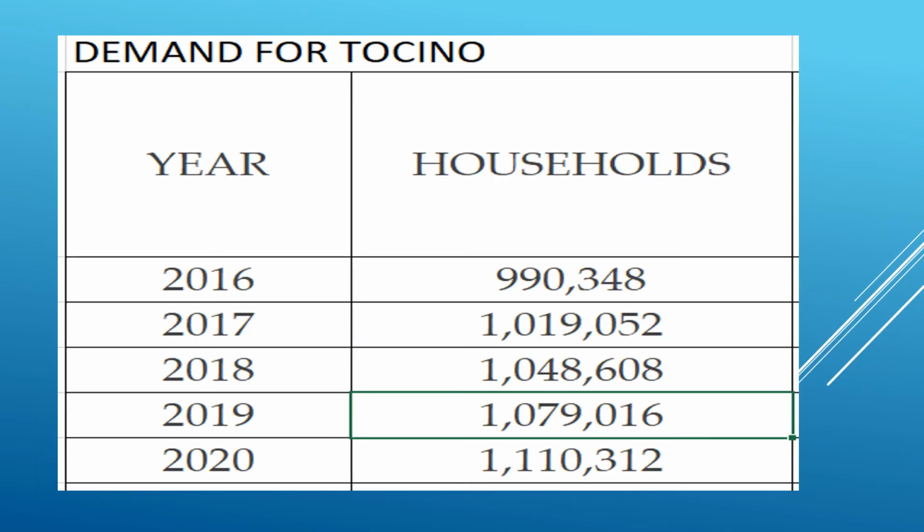Okay, so that's the reason why importante talaga yung demand, yung ating household at population, kasi doon sa mga grupo na walang makuhang data para sa consumption, ang choice talaga natin ay mag-base tayo sa household or sa population.